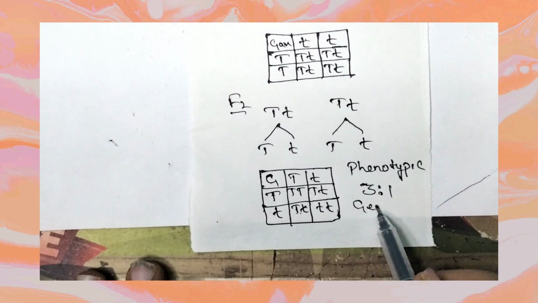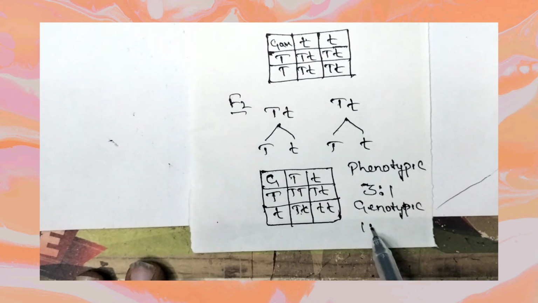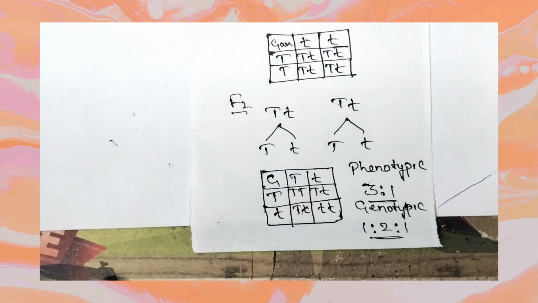So genotypic ratio will be 1:2:1. So phenotypic 3:1 and genotypic 1:2:1. So like this we have to write the checkerboard for the monohybrid cross. Phenotypic 3:1 and genotypic 1:2:1.